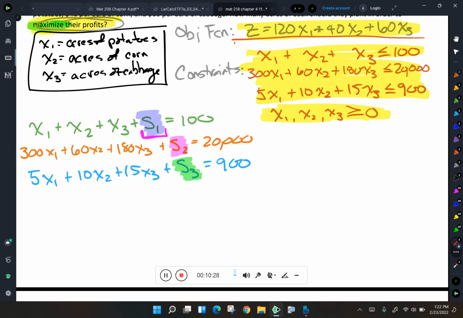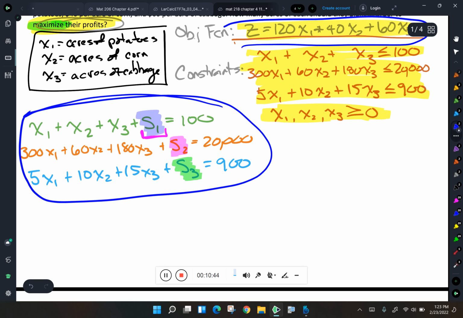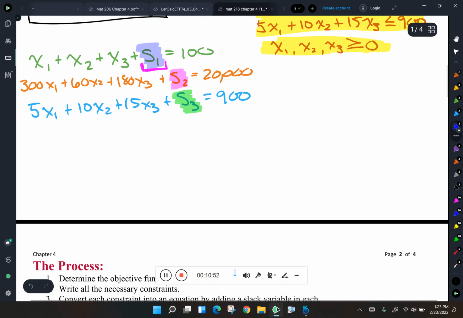Okay. Now that I've got my inequalities written as equalities, now that I've rewritten my constraints, I can take my constraints and my objective function and write something called the simplex tableau. Our simplex tableau for this would look like this.